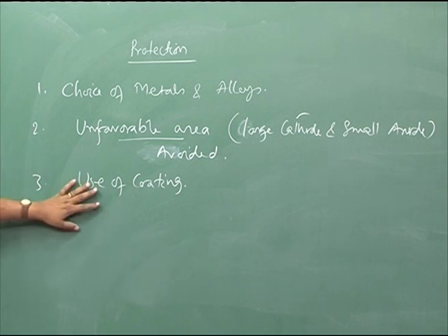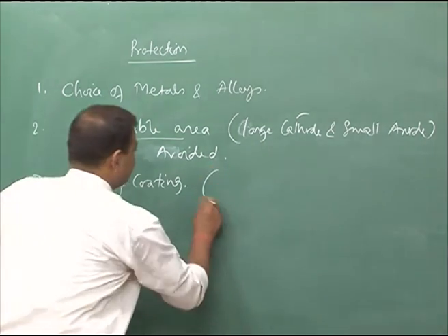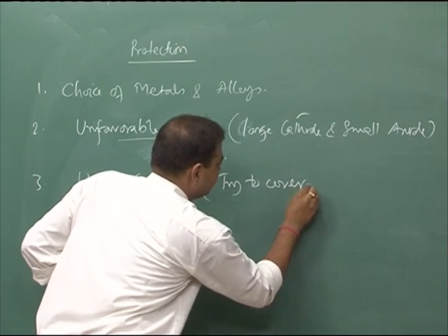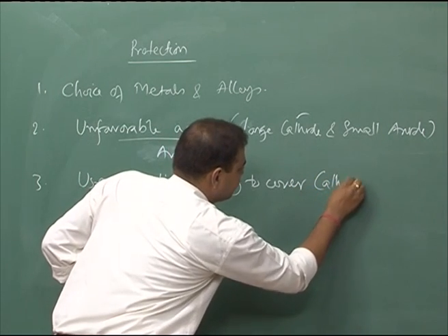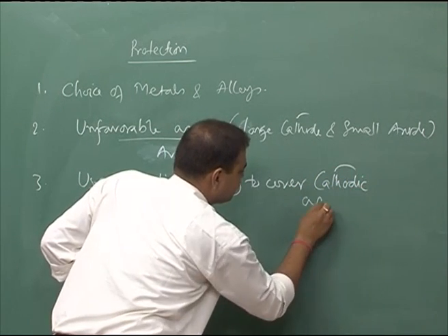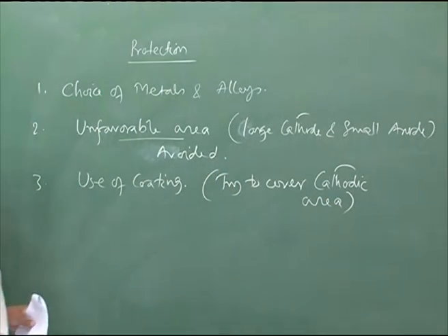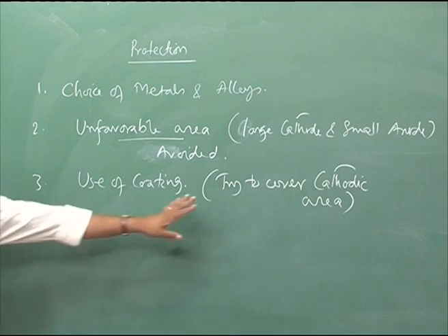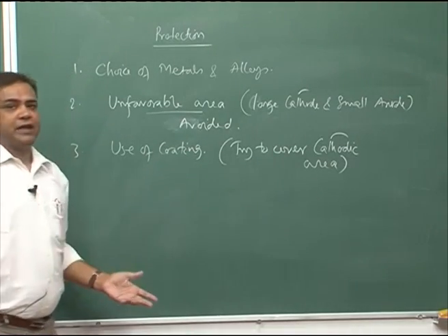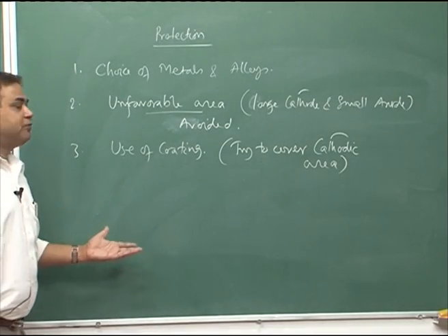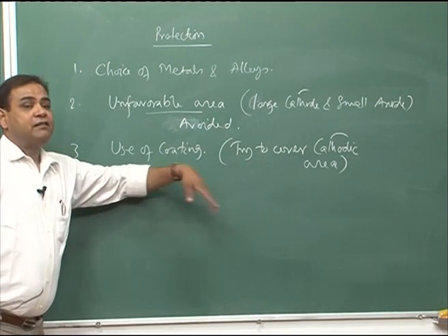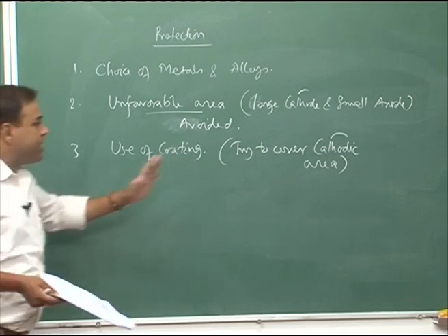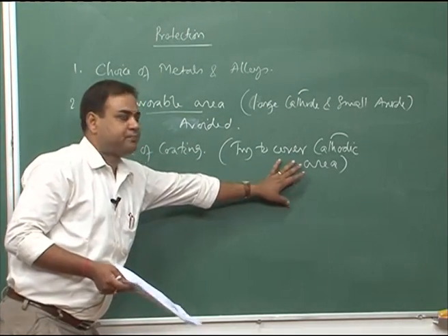So, always try to cover the cathodic area. Even if you expose the anodic area, if we can cover the cathodic area, we do not have the problem of more cathodic reaction that could have happened on the cathodic surface.